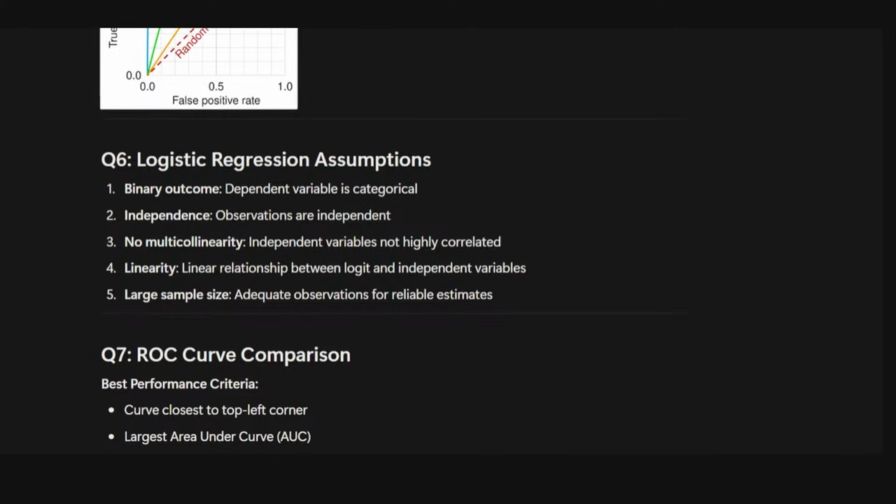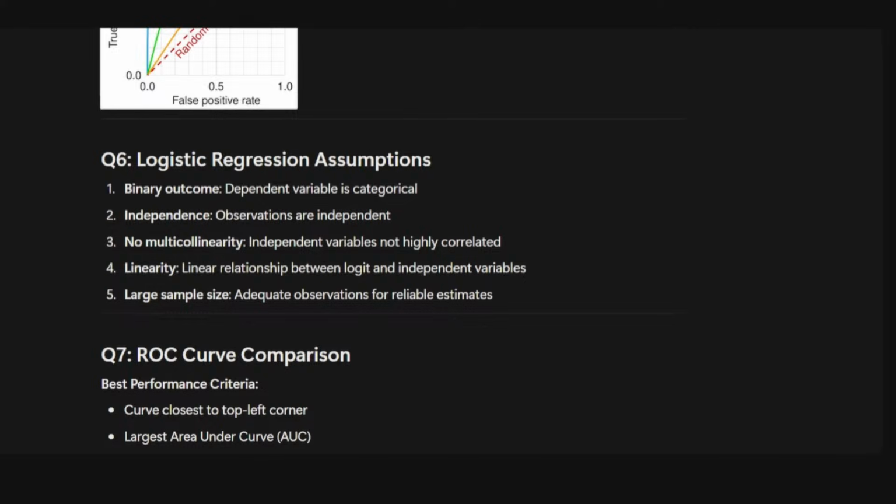Next is linearity. It should have a linear relationship between your independent variables and the logit function. Again, Kamlesh explained this really well. So just ensure that you write the formula showing that your logit and your independent variables are in a linear combination with each other.